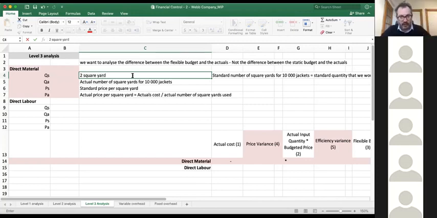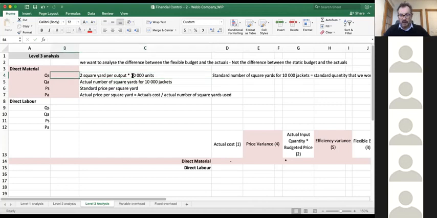So if you wonder why I find this information, 2 square yards per jacket, per output, times 10,000 units. So here my standard quantity, 10,000. Each time I manufacture one jacket, I should use 2 square yards of cloth, okay?